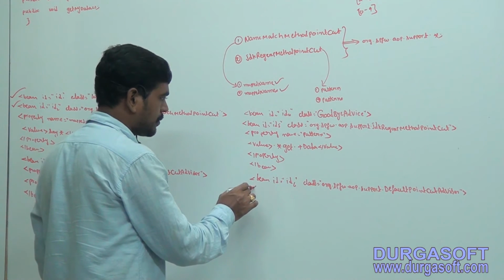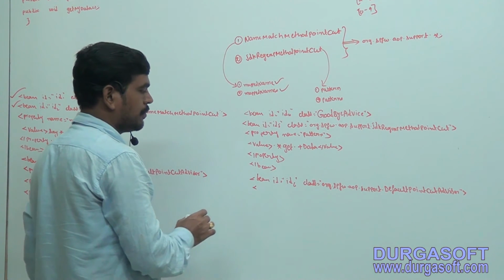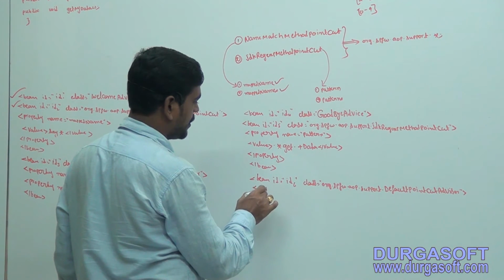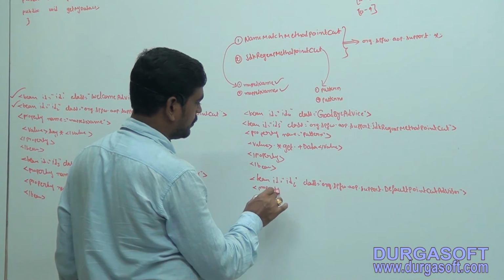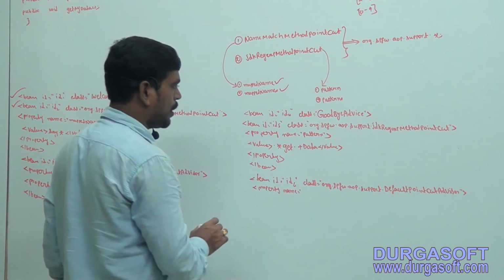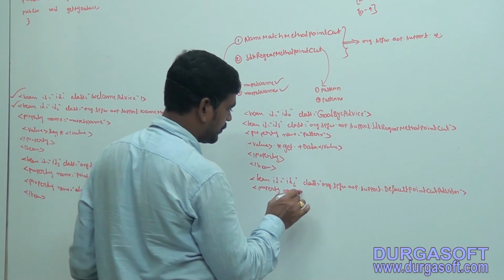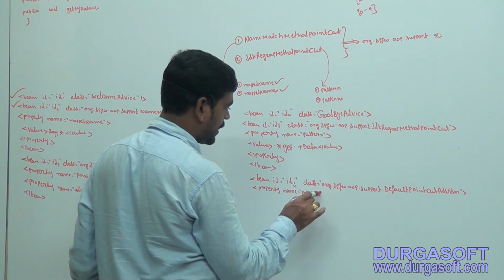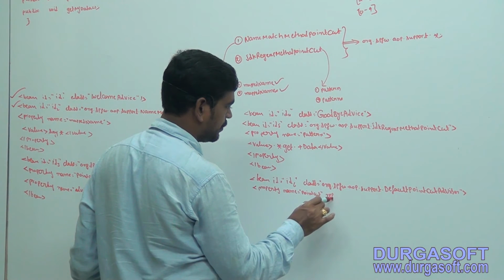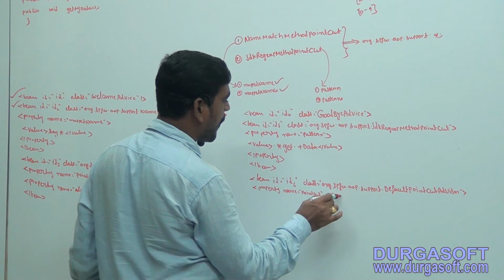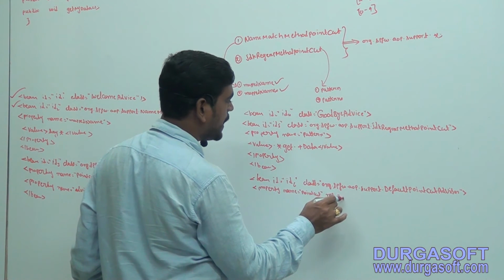The next, property name is equal to pointcut, ref is equal to id 5.